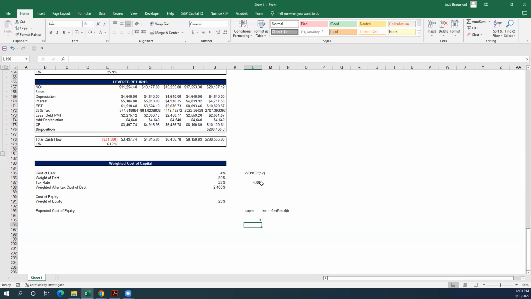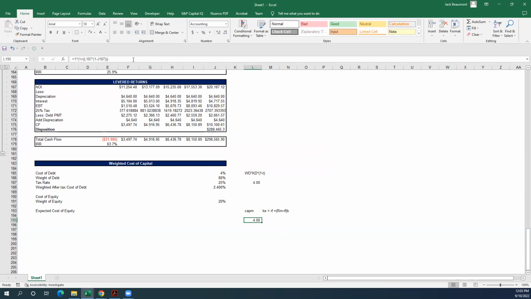I'm going to do a beta of 1 for the market. I'm going to do 1 times, and I'm going to do 1 plus the debt to equity. Again, it's got the tax shelter, so 1 minus the tax rate. This is called the beta adjusted formula. Okay. And so I do that.